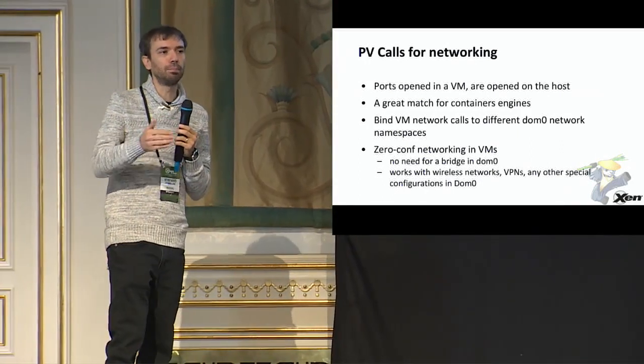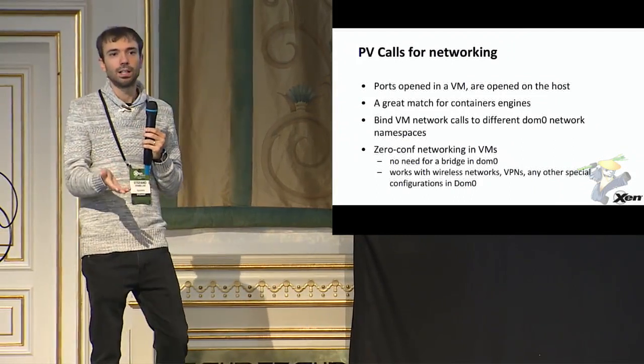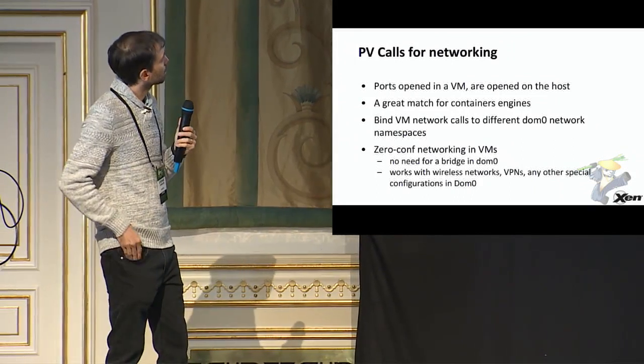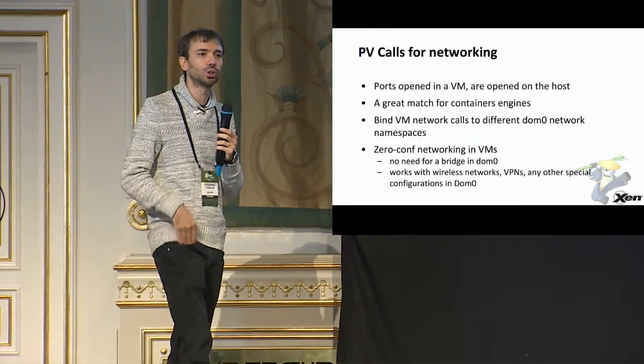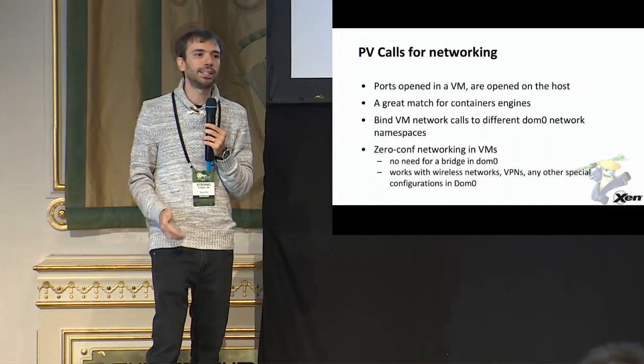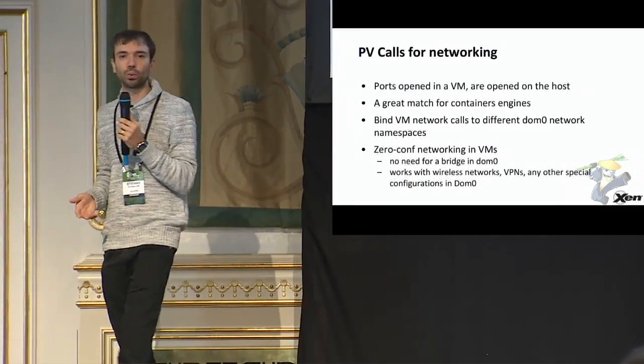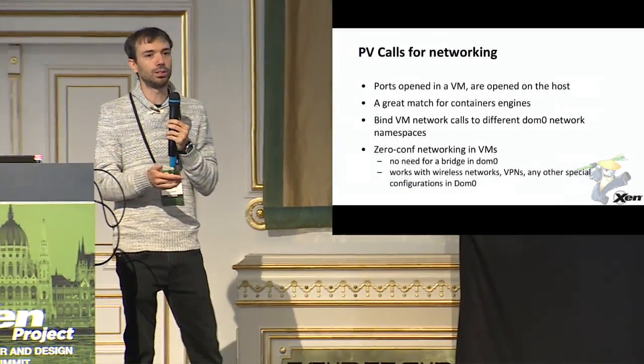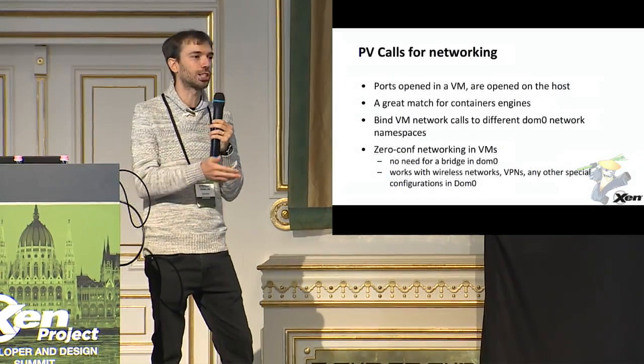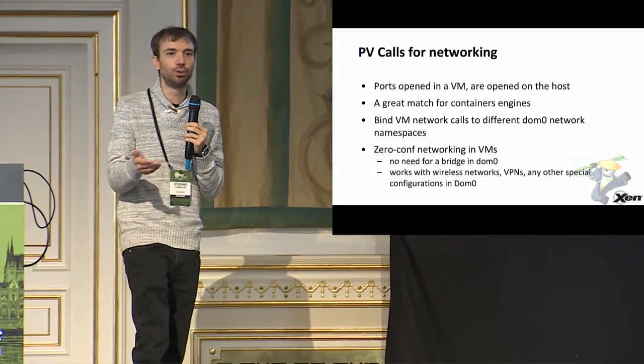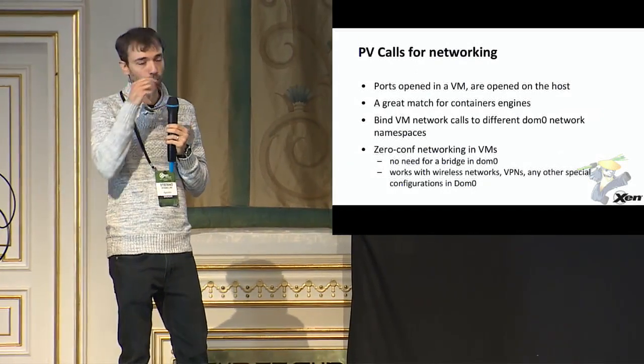So it's a great implementation of that networking mode for Rocket. It also works very well with VPN and wireless, any complex networking configuration in Dom0, because the network access actually just happens in Dom0, as if you were running your app in Dom0.